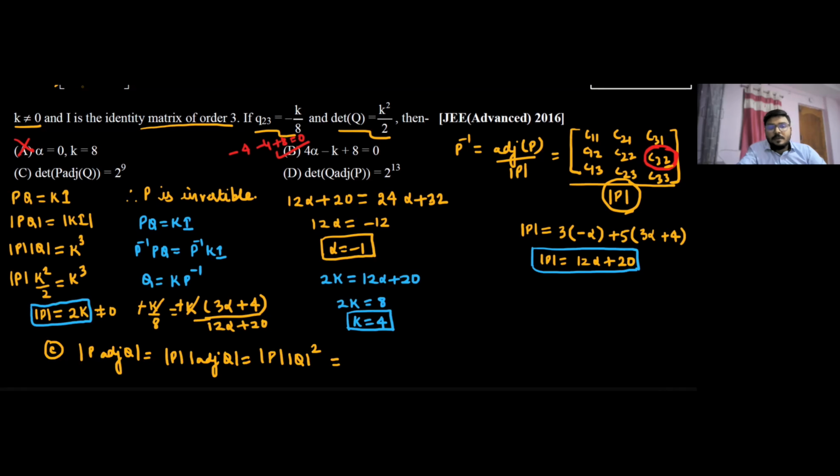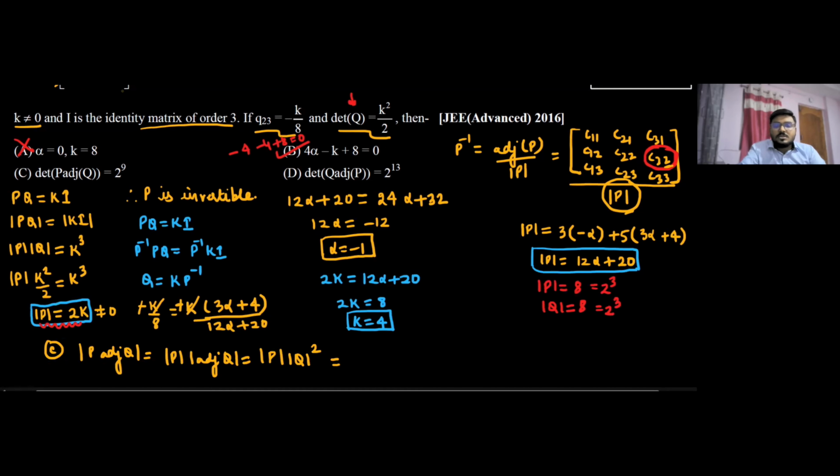So determinant P, clearly we can say that determinant P from here, as it was 2K, K we got 4, so determinant P is 8. Coming to determinant Q, from here determinant Q is K square by 2, K is 4, so 16 by 2 is 8, both are 8. So this is 2 power 3 and this is also 2 power 3.